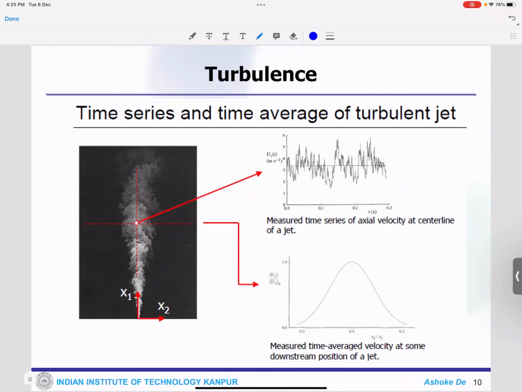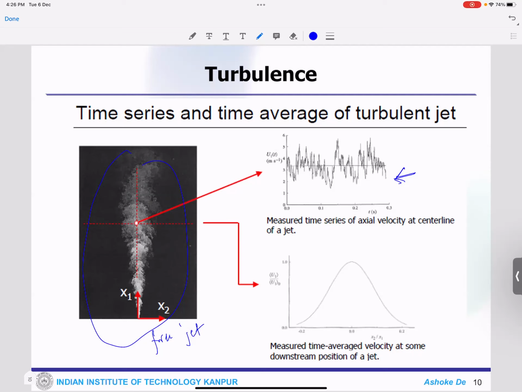If you look at this particular case, this is an example of what is called a free jet. That means the jet is coming out into the open atmosphere, and the flow is turbulent. To characterize the flow field, you sometimes take the time series of the data. If you look at the time series of the data here, it is quite interesting to observe.